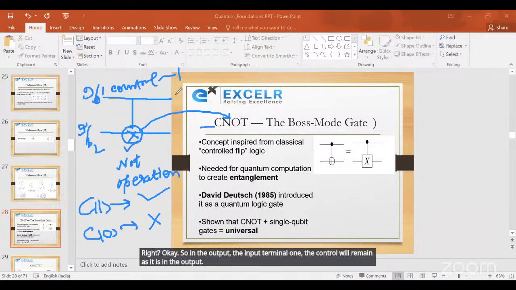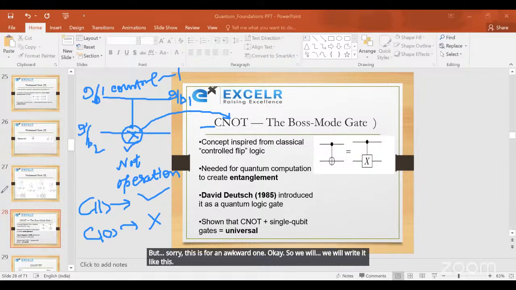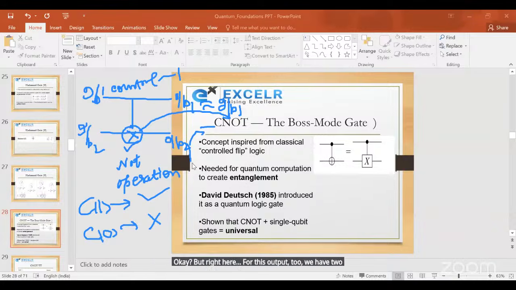That is input 1, but sorry, this is called output 1. We will write it like this: output 1 is equal to input 1. But for output 2, we have two conditions.